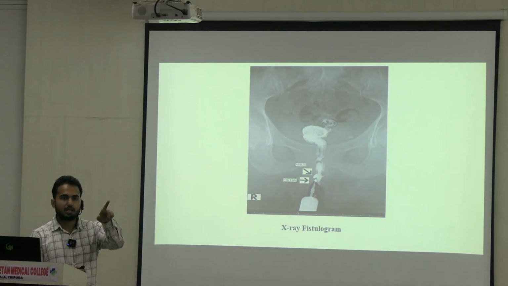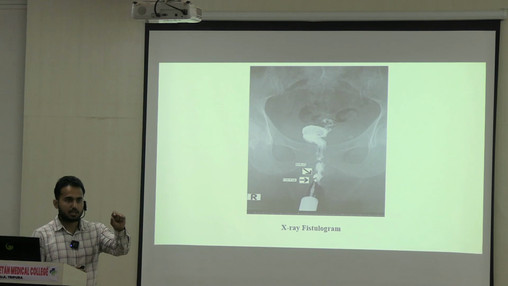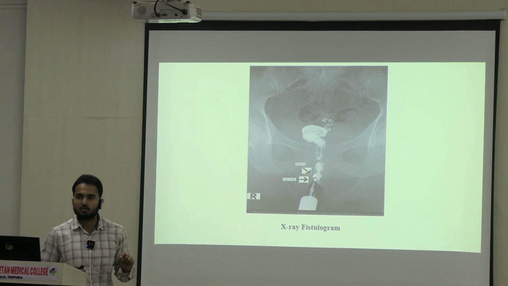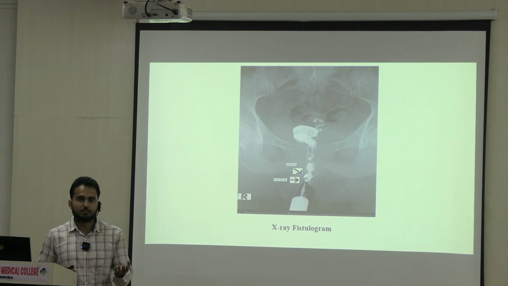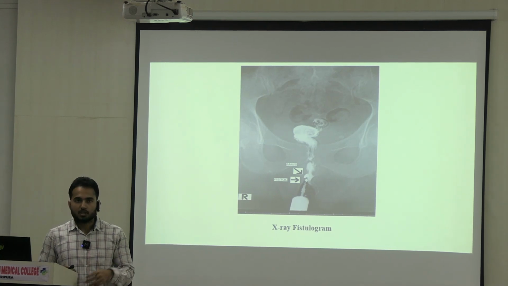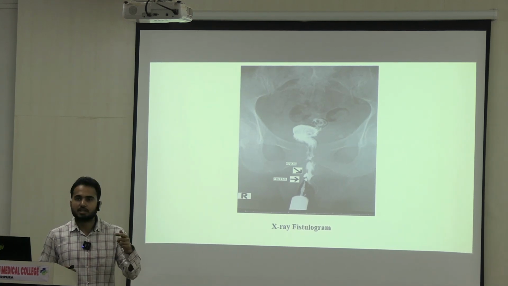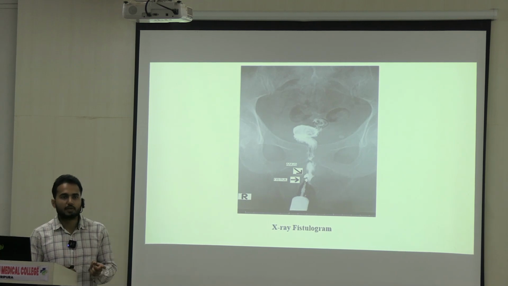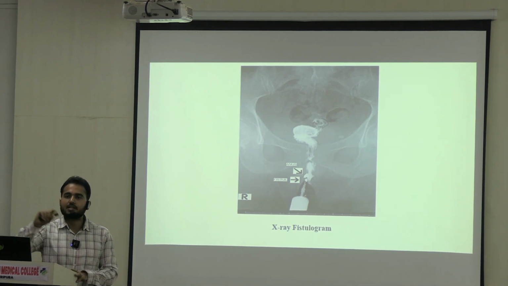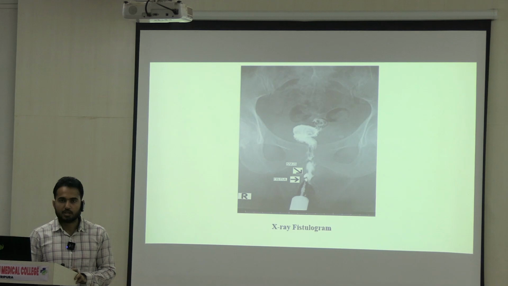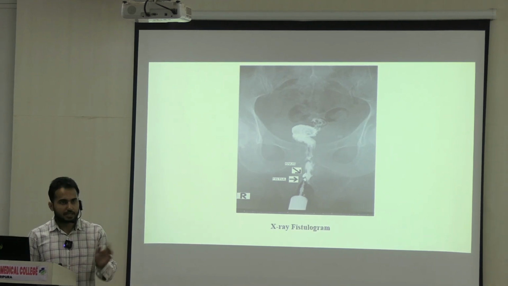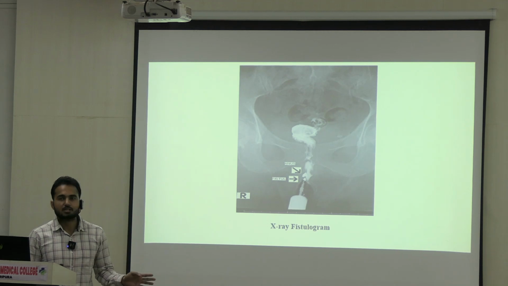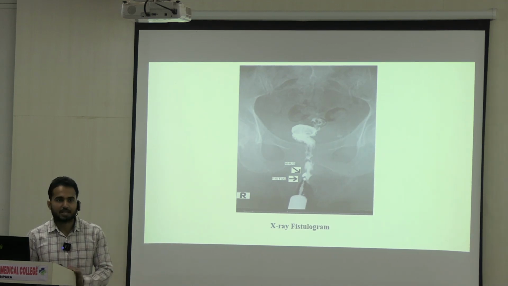It will flow through the fistula, and then it will show you the connection, which part of the rectum or anal canal it is connected to. During that time, the X-rays are taken so that it can be diagnosed. There are some cases where the fistula has some branches also. That can also be diagnosed with the help of this X-ray fistulogram. There are other examinations also, but this is the easiest way to diagnose the exact connections of the fistula.